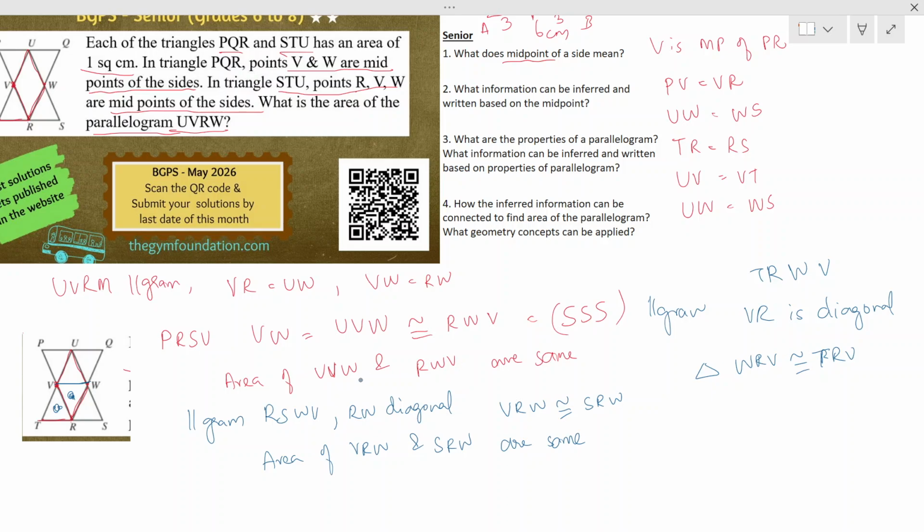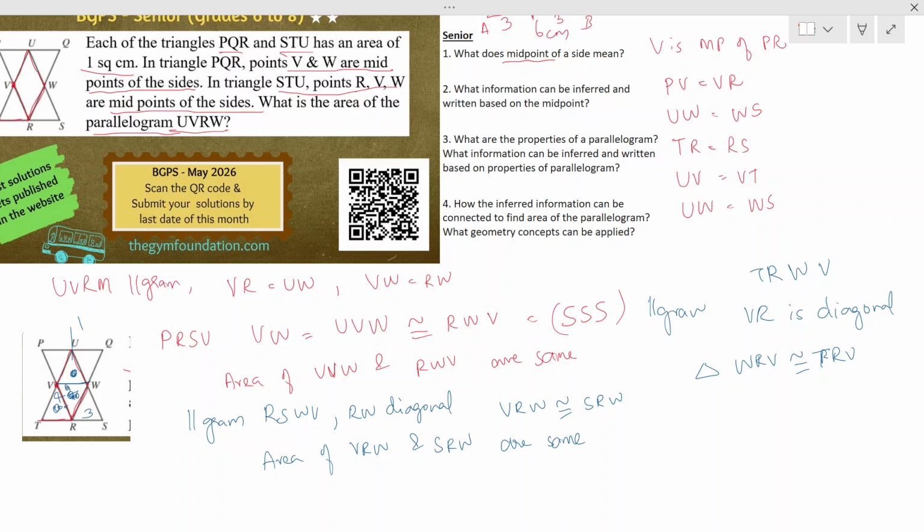So therefore these two areas are the same. So we have now concluded that the triangles on the top, 1, 2, 3 and 4, are congruent, and they also have equal area.